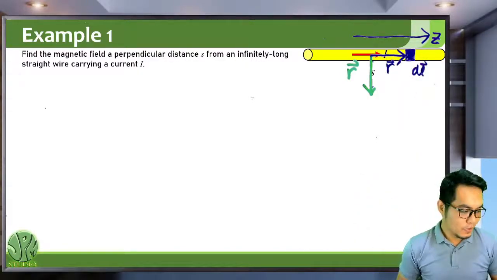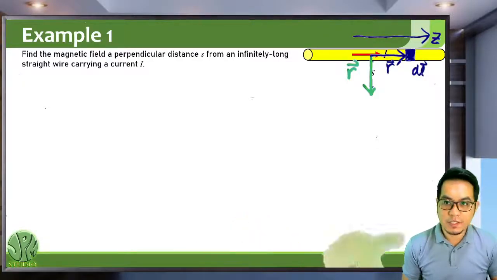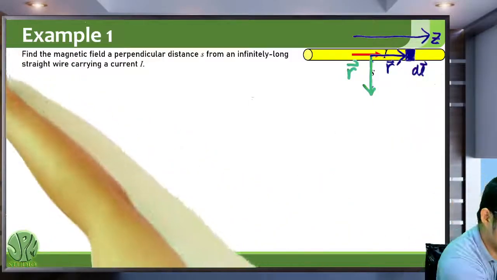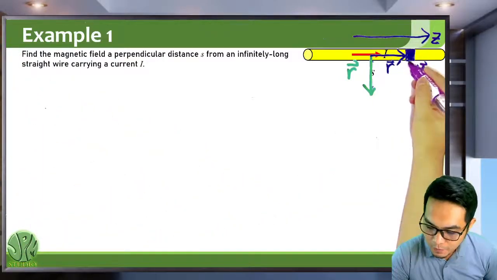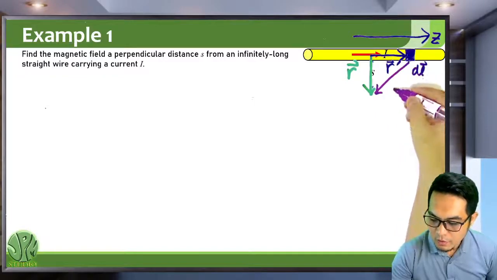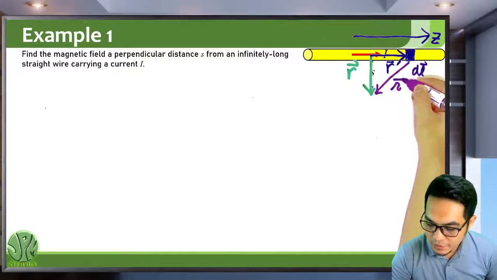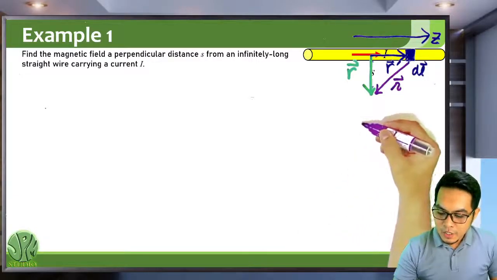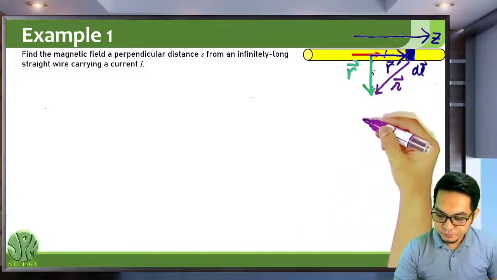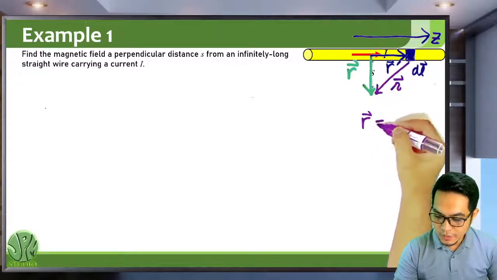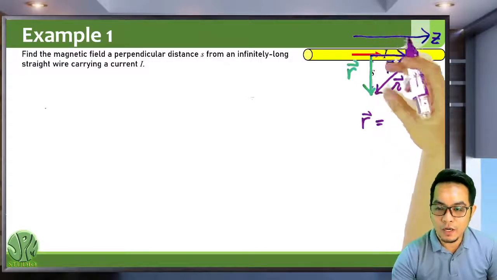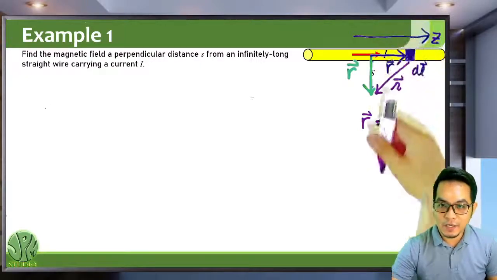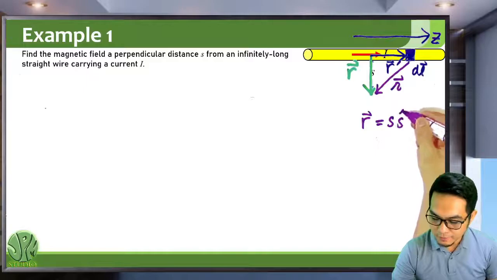Therefore, the separation distance, the distance from the current element to our field point, will be this one. This will be our separation distance vector. From here, our r clearly has a distance s, and this direction is in cylindrical coordinates. That direction, the radial outward direction, is s hat.